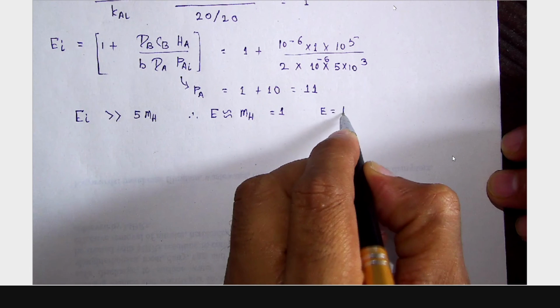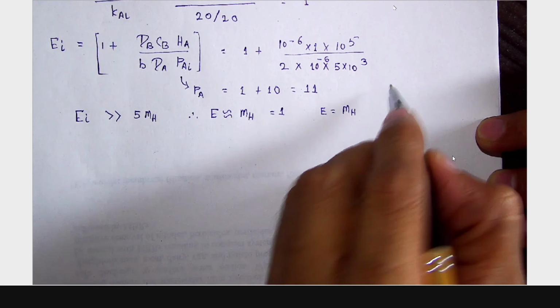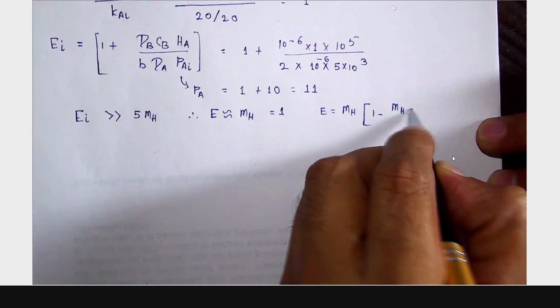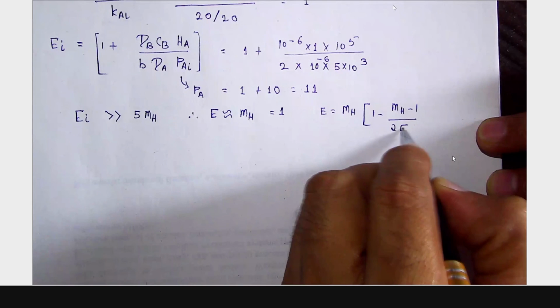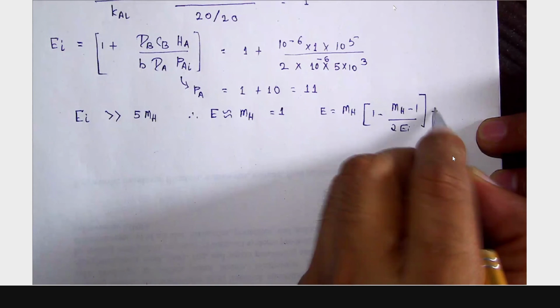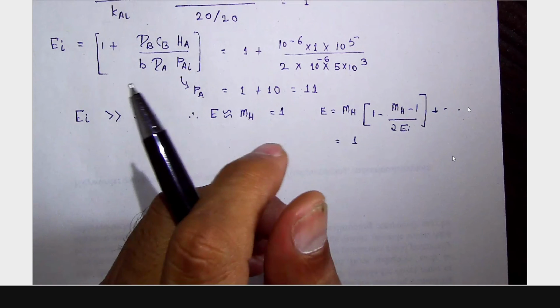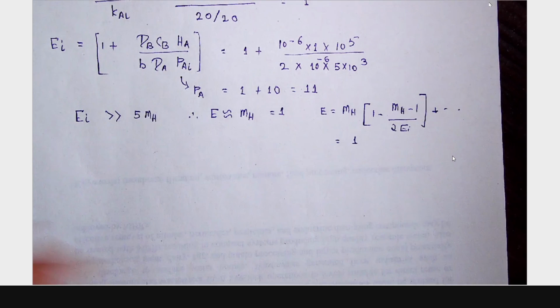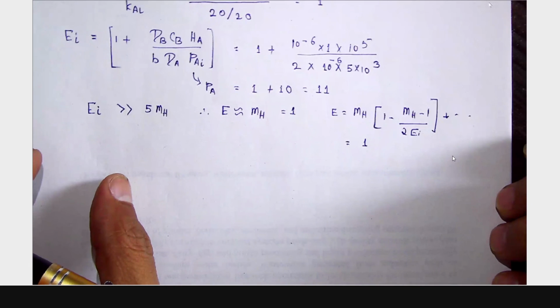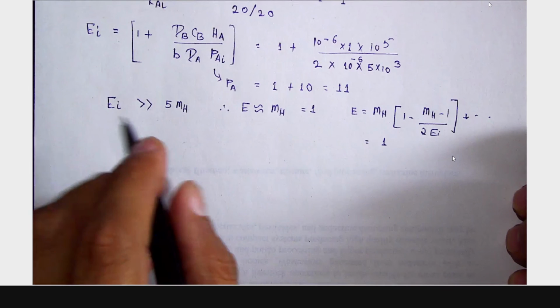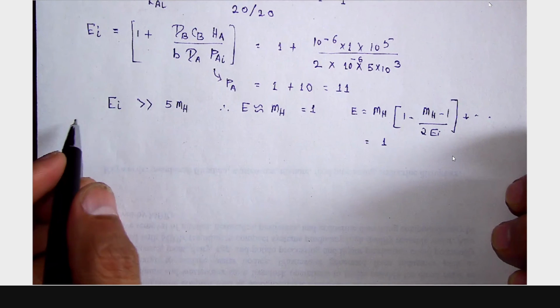There is also another more detailed equation, E equal to 1 minus (MH minus 1) to EI plus. If you solve this also, you will get the value 1. So E we got as 1, which means there is no enhancement.